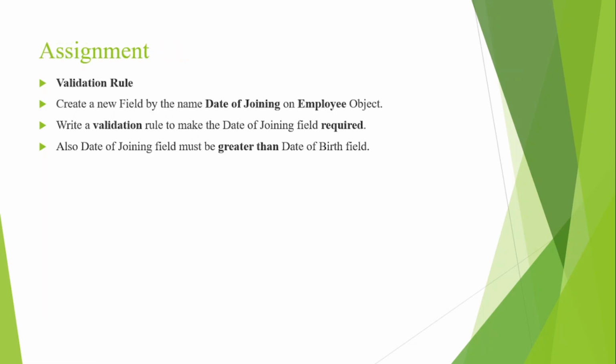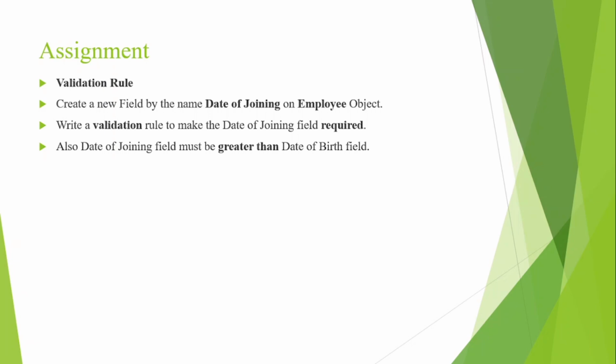Today's assignment is on validation rule. Create a new field by the name date of joining on the employee object. We have already created the employee object, and on that we have to create a new field, date of joining.